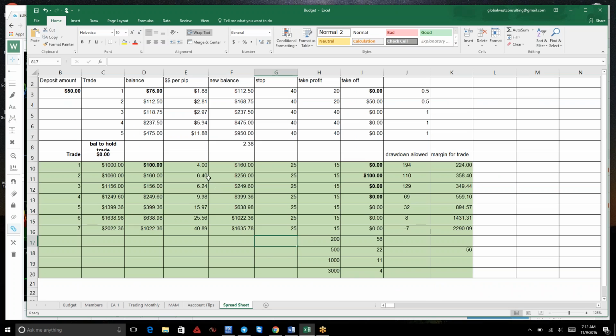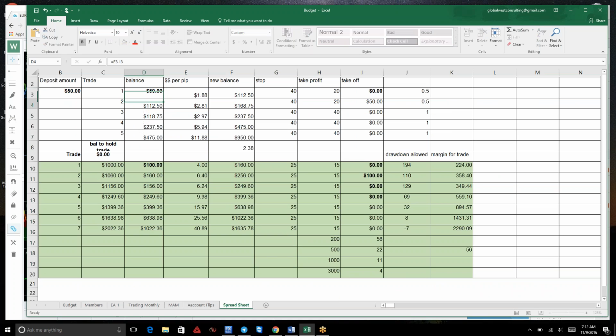So a lot of you guys might remember this spreadsheet. I'm going to do this assuming you're not using FX Glory. So the thing I've always, I don't want to say preached, but why these account flips have worked for myself is I've always done trades until I'm house money very conservatively.